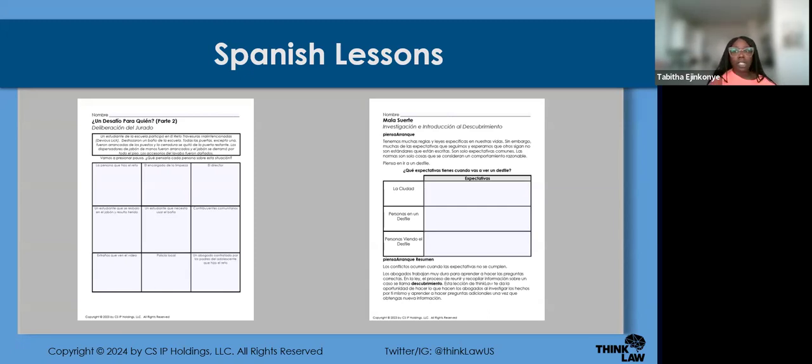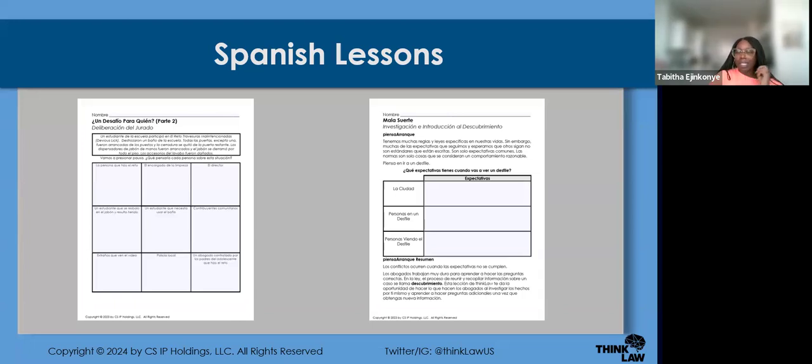You can just search Espanol or you can search Spanish, and it's going to give you a mini catalog of Spanish lessons. And it covers a wide range of exciting topics. So you can continue to develop critical thinking skills, explore some new concepts, and engage in materials in the language that suits your students. And so our bilingual offerings make learning more accessible.